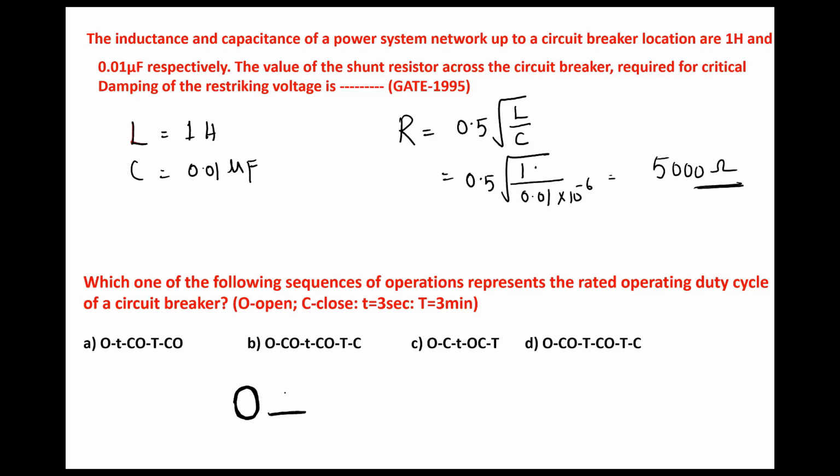So the time period between the first opening and first closing, C means close. The time period is very small. It can be a few seconds. If the fault is not cleared, again it will open immediately. It will open without any time gap.